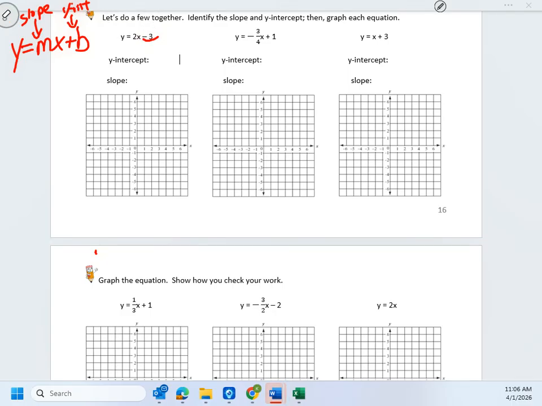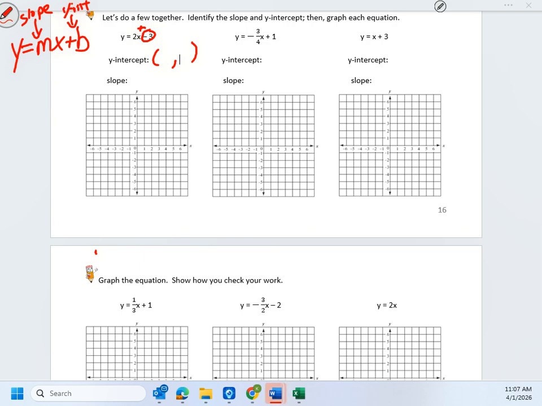So if it says minus, I want you to think of it as saying 2x plus negative 3. Okay, so can't just drop off that minus sign. It turns it negative. So for my y-intercept, how am I going to write that ordered pair?